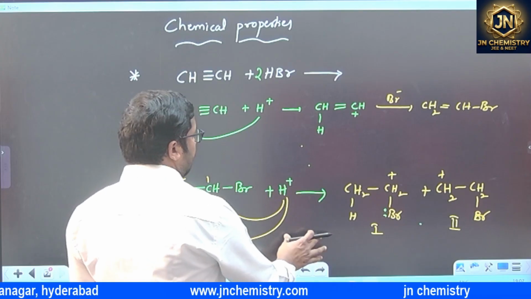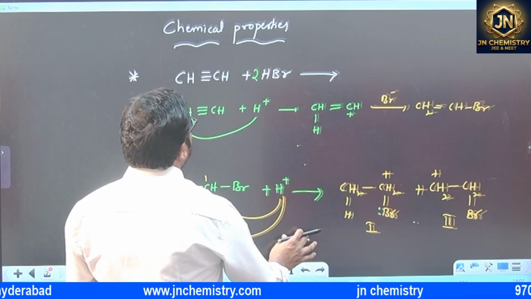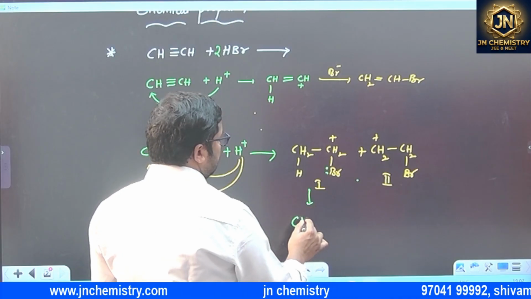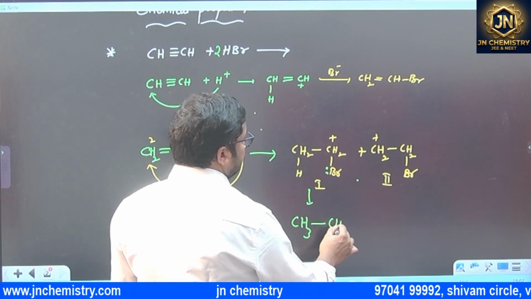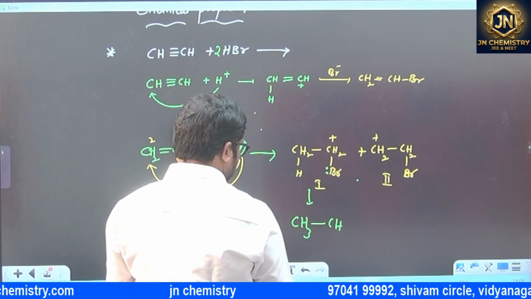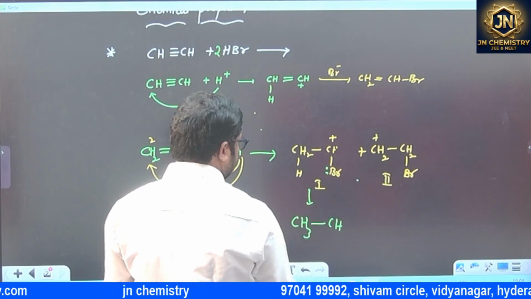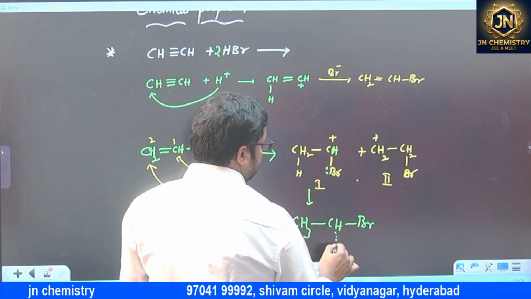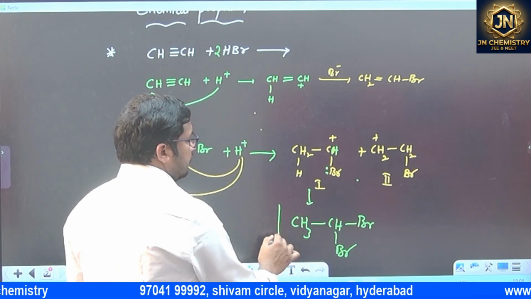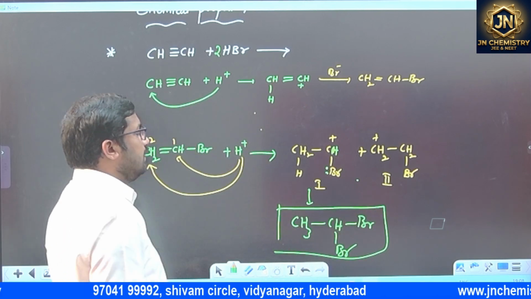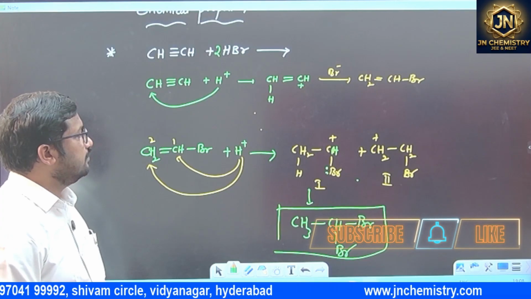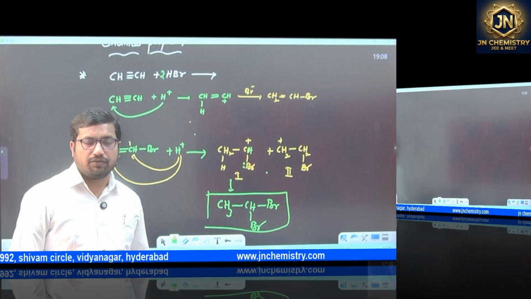So then the second Br minus comes and attacks this particular one. This will be the major product, CH3 CHBr2. This is the major product: 1,1-dibromoethane. Write it down. Clear? Anybody having any doubt?